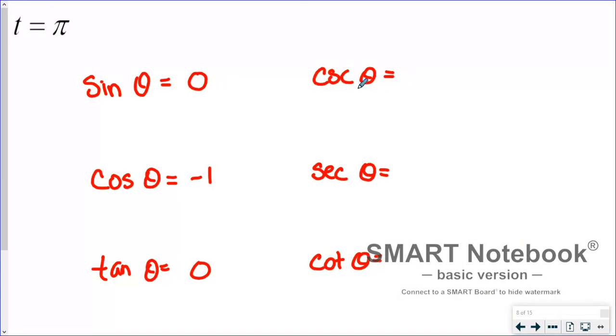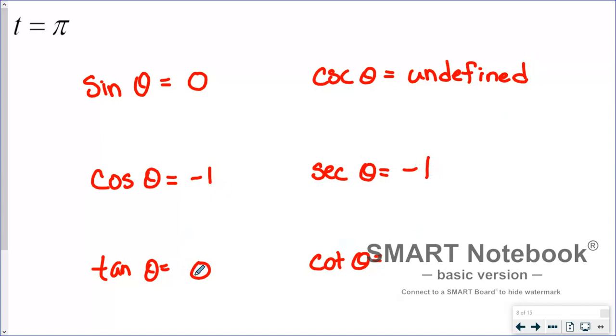Now, cosecant, think of this as 0 over 1. If I flip that, what do I get? 1 over 0, which is what? Undefined. Now the reciprocal of -1 is still -1.